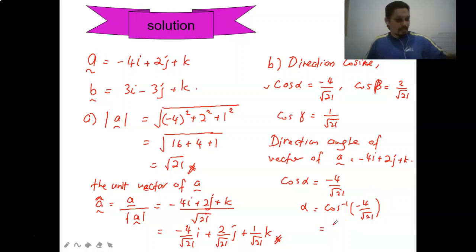Okay, to find the answer using the calculator, press the button of shift and cos, and it gives you arc cos. Then recall the calculation: negative 4 divided by square root of 21.